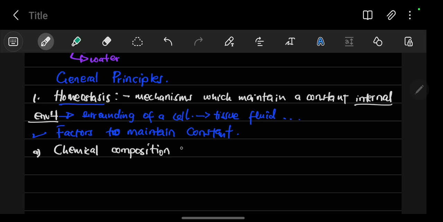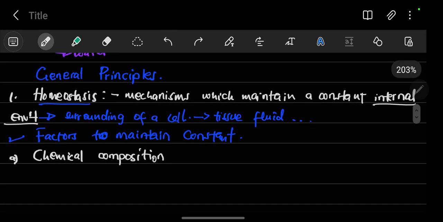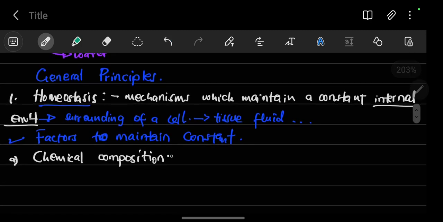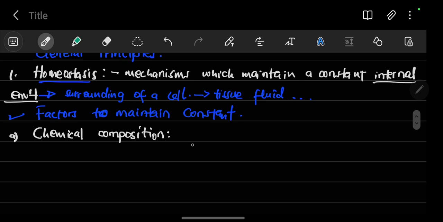So under chemical composition, one of the chemicals is glucose.